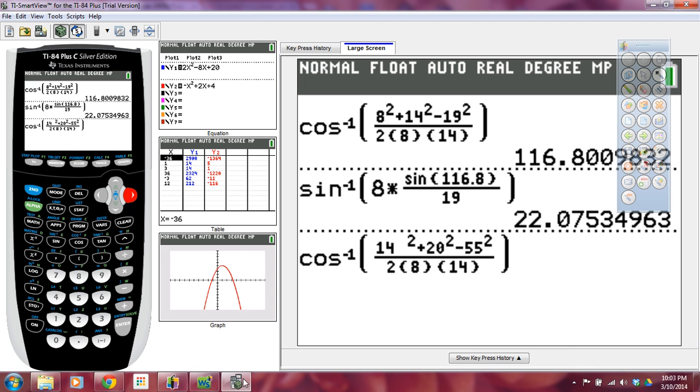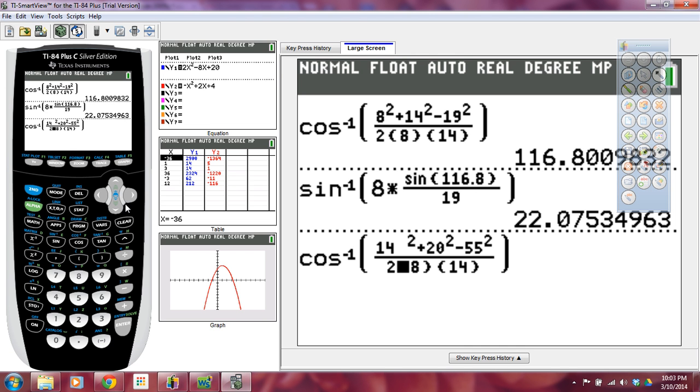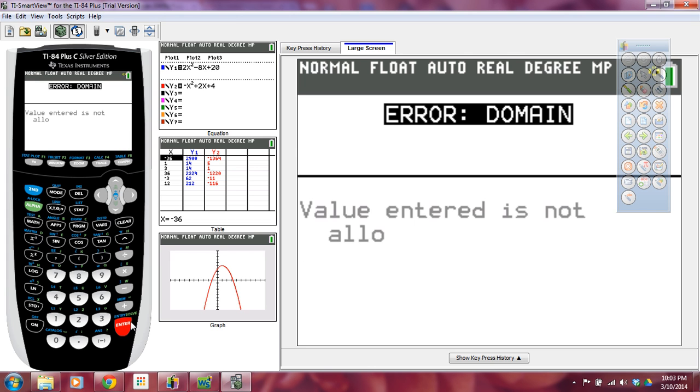And then 2 times 14 times 20. Alright. Got all our numbers in there. Make sure they're in there correctly. And then we're going to press enter.